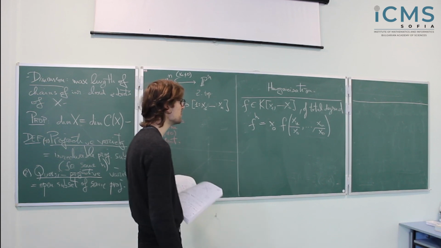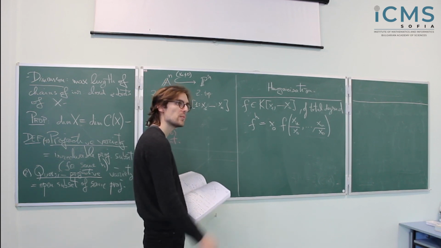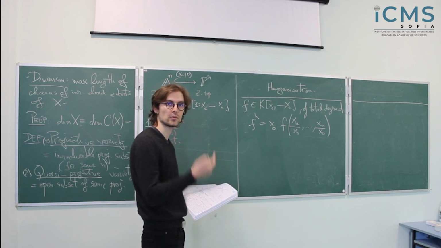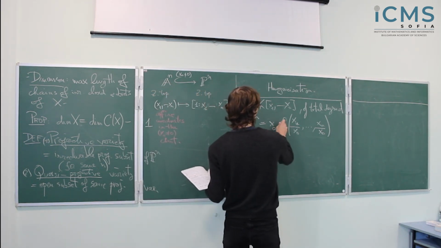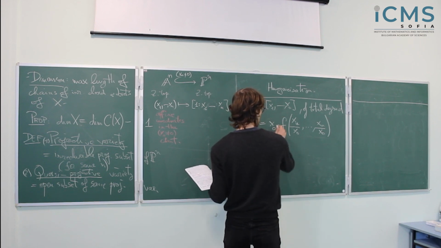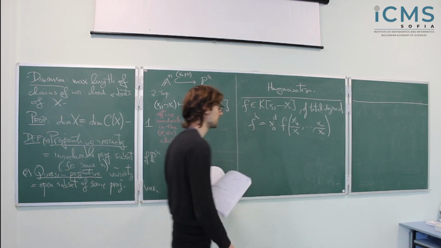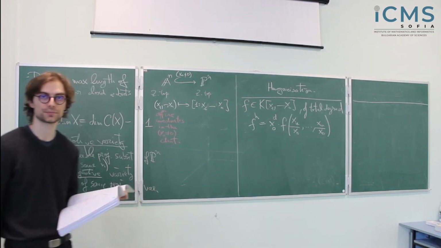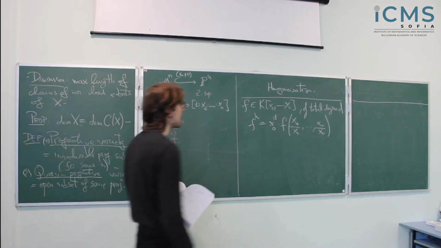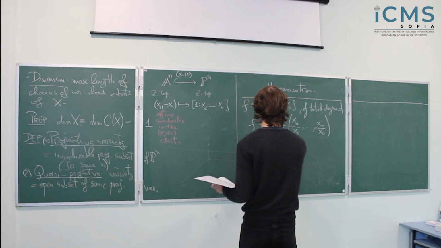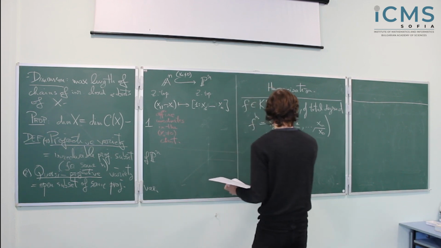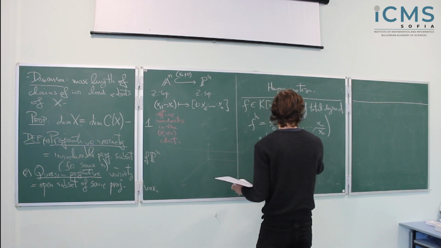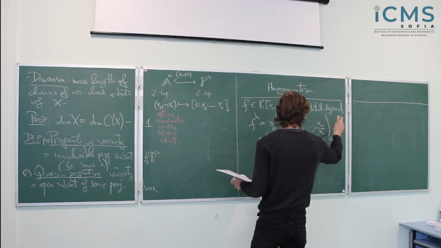Now, this won't be a polynomial unless we multiply again by x0 to a certain power. And the minimal power to which we need to multiply here will be x0^d. This is the homogeneization. We obtain a homogeneous polynomial of degree d.